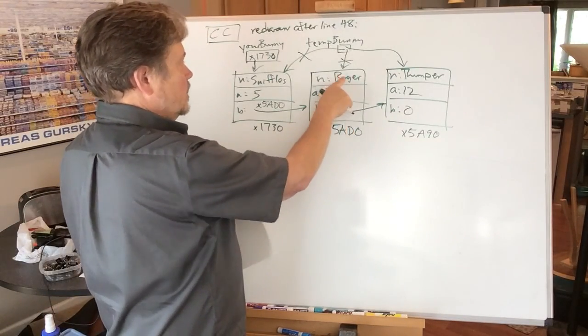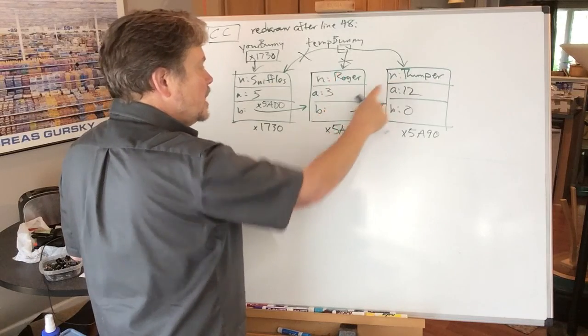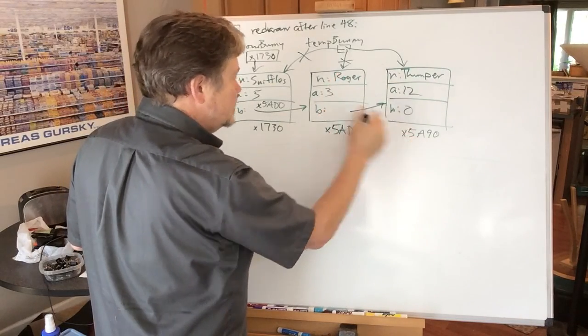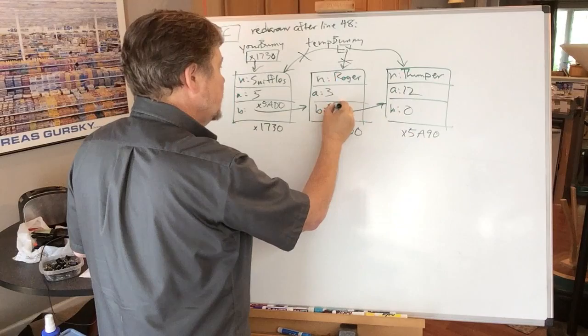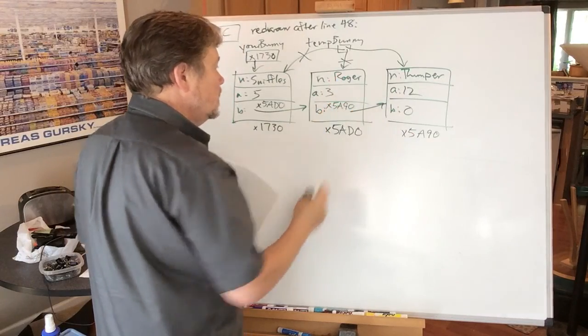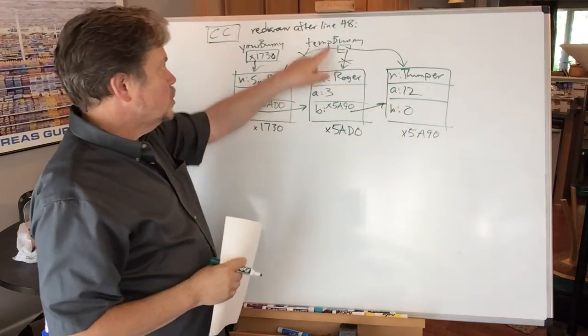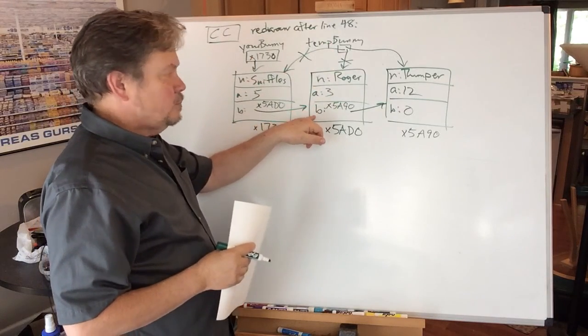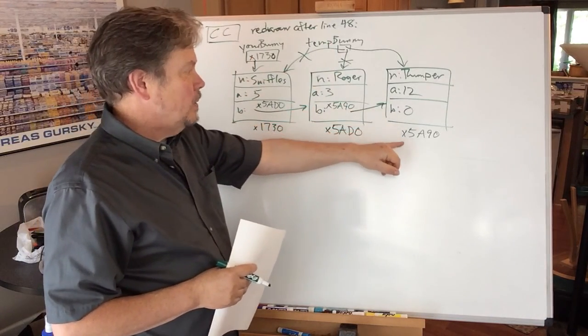Roger's BFF, almost said Mr. Rogers, is Thumper. Thumper lives at 5A90, hexadecimal 5A90. That must be the value stored in Roger's BFF, if Roger points to Thumper, because that's where Thumper lives.